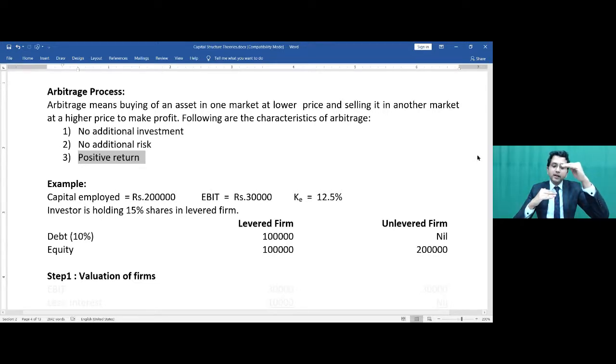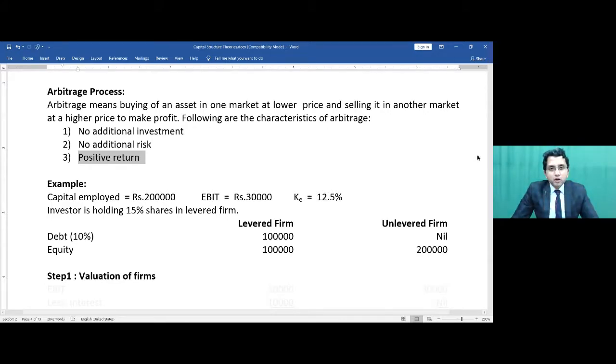When they buy in Mumbai, the price in Mumbai will slowly and gradually go up. When they sell in Indore, due to selling pressure, the price in Indore will reduce. In Mumbai, there is buying pressure, so the price will rise. In Indore, there is selling pressure, so the price will fall. And eventually, there will be equilibrium.